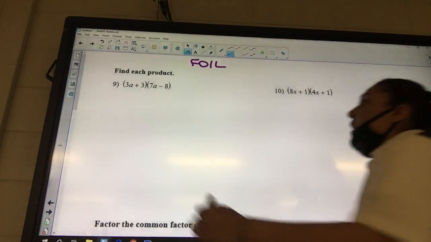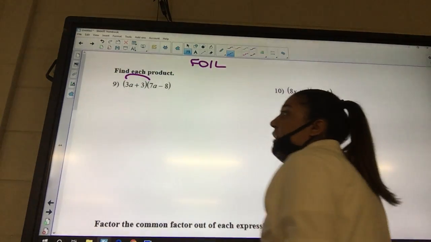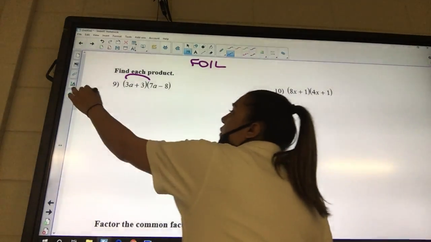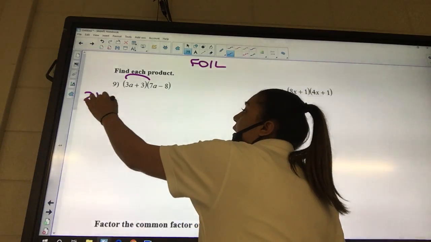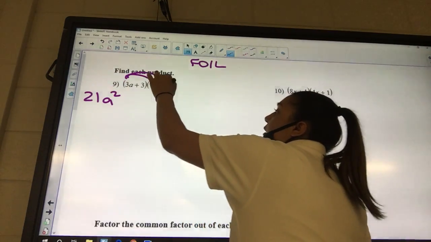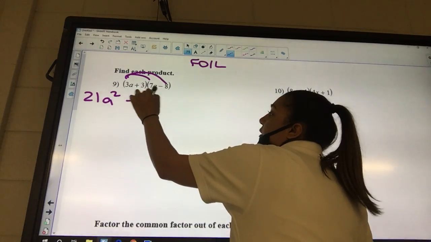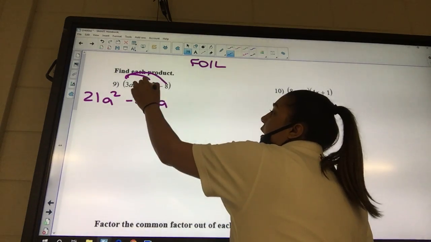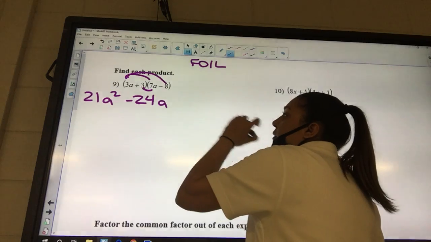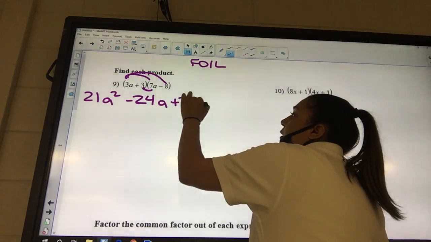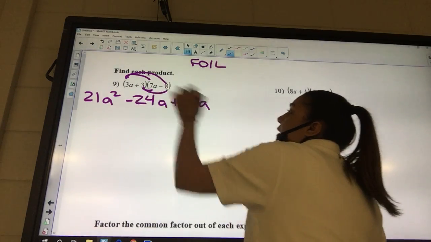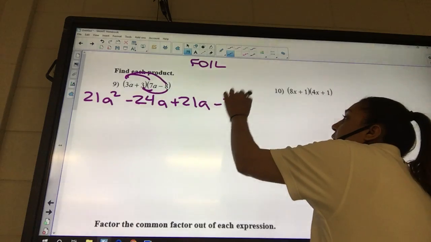Okay, so multiply the first. 3 times 7, 21. How many a's? a squared. The outer, 3 times -8, negative 24. How many a's? 1. The inner, 3 times 7, 21. And then the last, 3 times -8, negative 24.